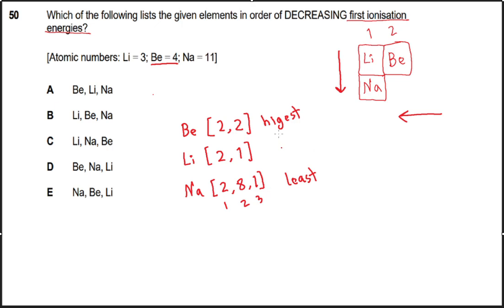So we can mark lithium as medium. The order we're going to go from is beryllium, lithium, and then sodium. This is the order of decreasing first ionization energy, beryllium being the highest and sodium being the least. If we choose which option, it's option A.